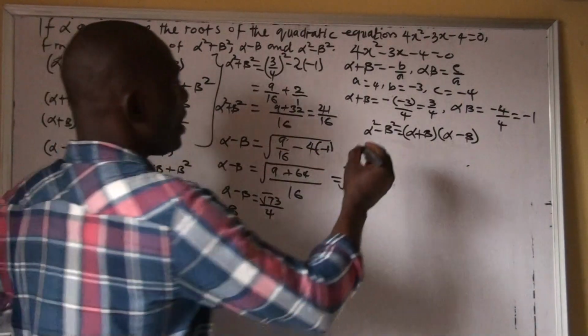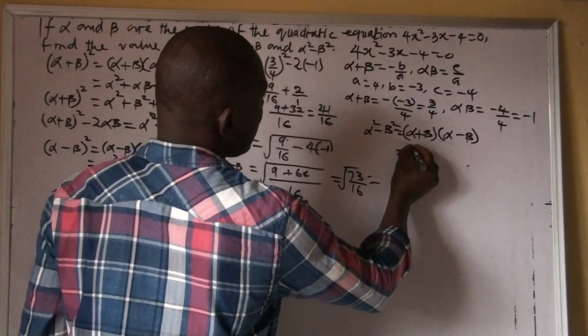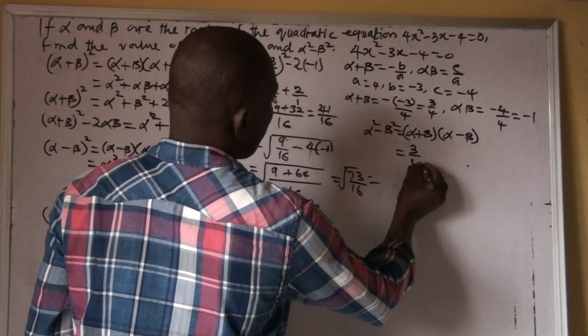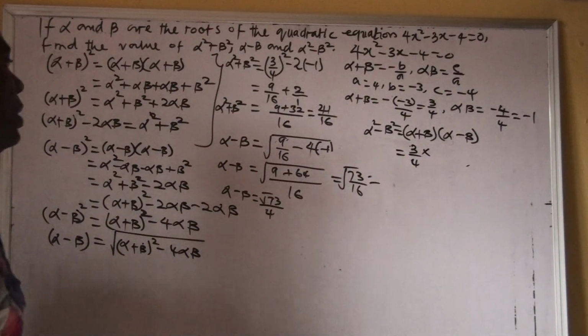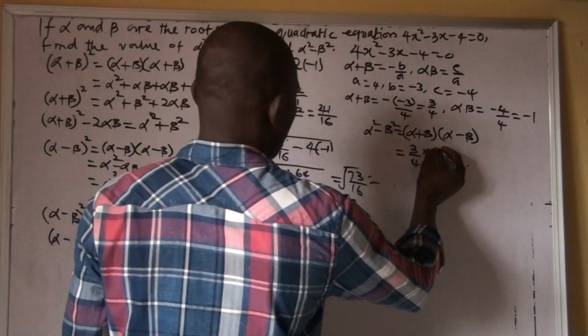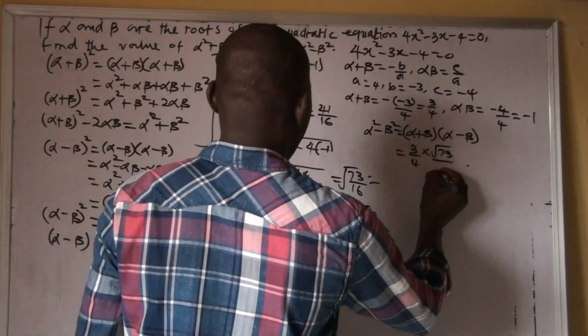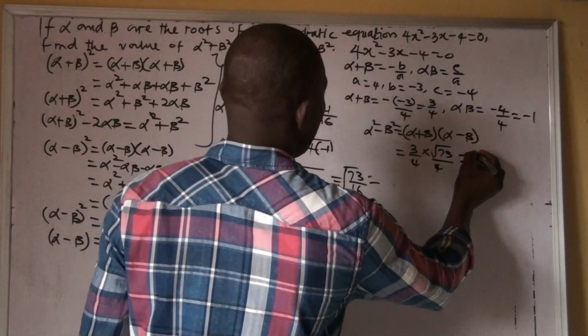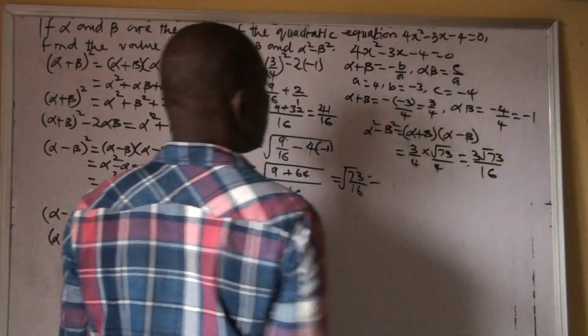So here we can easily substitute. Alpha plus beta is 3 over 4, times alpha minus beta, which is the square root of 73 over 4. So here it will be 3 root 73 all over 16.